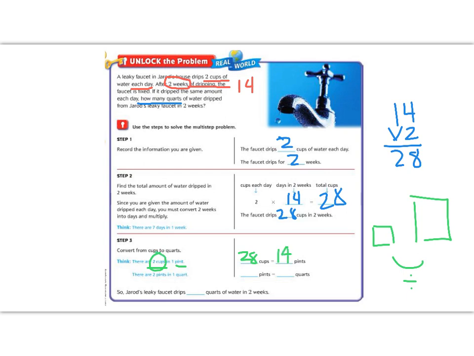Now we need to figure out our quarts. There are 2 pints in a quart, and we're still going from something small to something large, so we're still going to divide. We're going to divide again by 2, so 14 divided by 2 is 7. So there are 7 quarts of water that dripped in all over the 2 weeks.